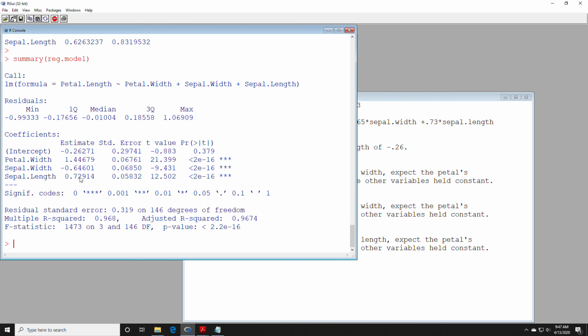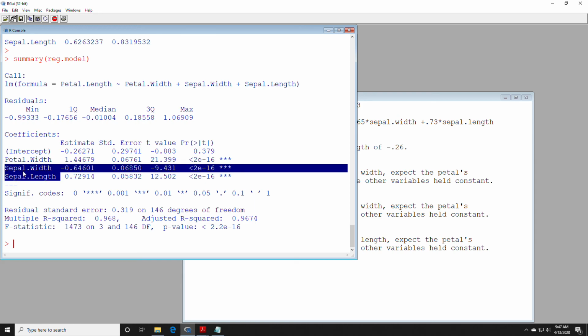Taking beta 3, it's testing whether x3 is useful in a model that already contains the other two predictors. So it's saying, is x3 useful if my model already contains x1 and x2? Likewise, the p-value for beta 1 is testing, is x1 useful in a model that already contains x2 and x3?